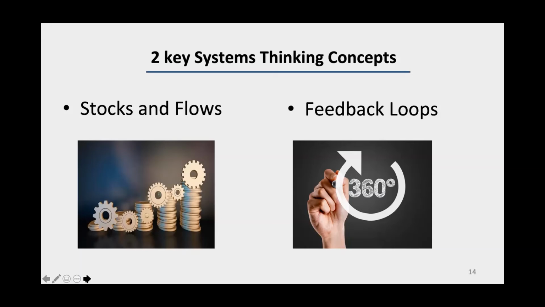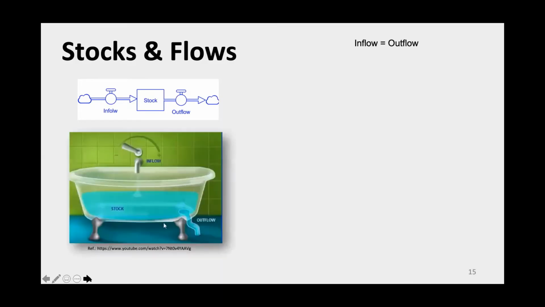We'll start with the first one, which is the stock and flow. As I introduced earlier, this box is the stock, the inflow is this pipe coming in, and the outflow is draining out. I will use what we call the bathtub analogy, and let me bring back the COVID model that we have seen.